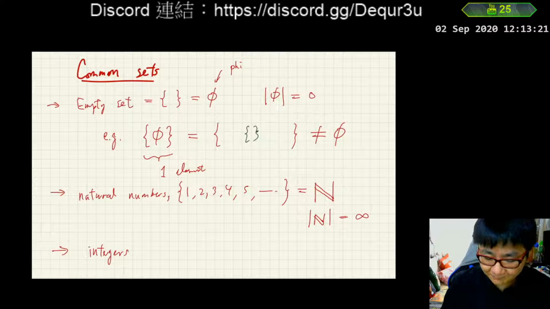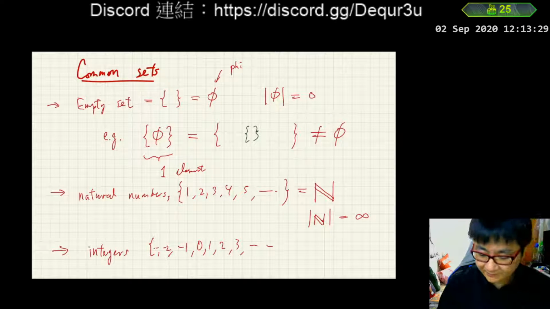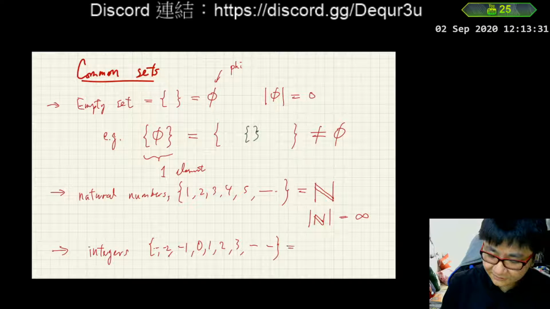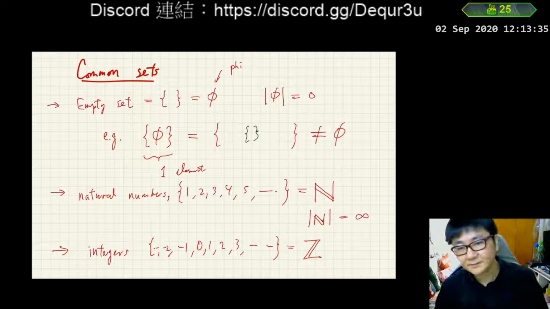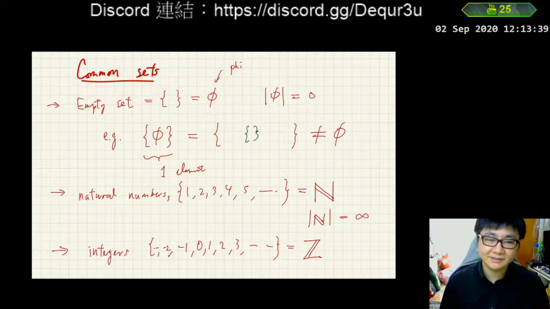Integers means the whole numbers: 0, 1, 2, 3, etc., and on the other hand -1, -2, etc. A set collecting all these is represented by the symbol Z. It's like N, thicker in the middle, and the symbol is Z.